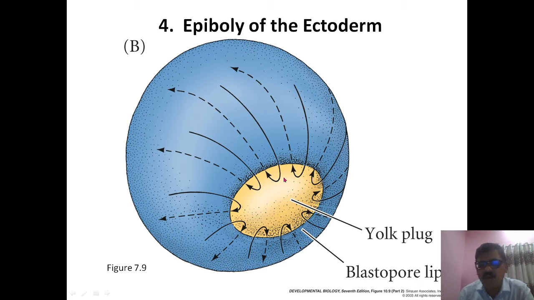First there is formation of the dorsal lip, then the lateral lips, and lastly the ventral lip, and therefore there is formation of the yolk plug.